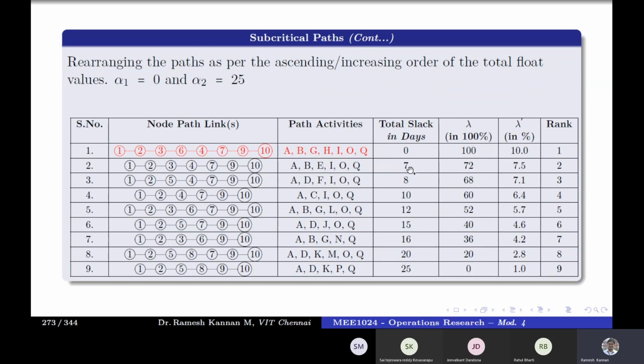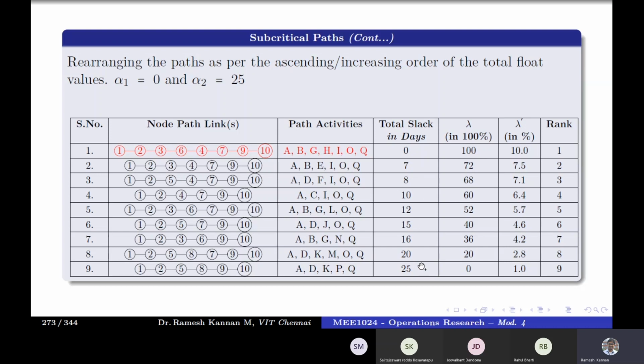For example, in this case, alpha 2 is 25 minus beta is 7. 25 minus 7 divided by 25 minus alpha 1, which is 0. So that will become 72. So 7.5 in a 10-point scale, that will be rank 2. And similarly, if you talk about the last one, never critical, you can see this is the most critical path, this is a mediocre critical path, and this is the least critical path.